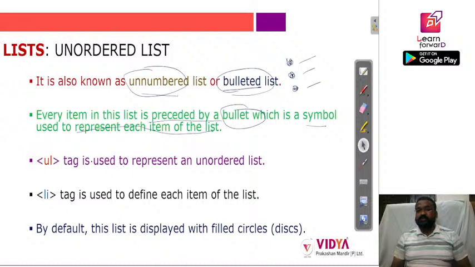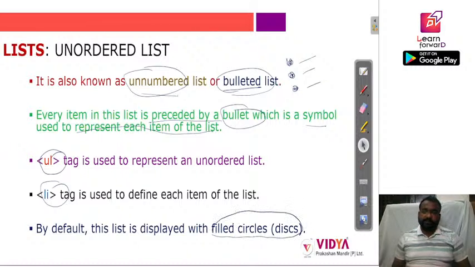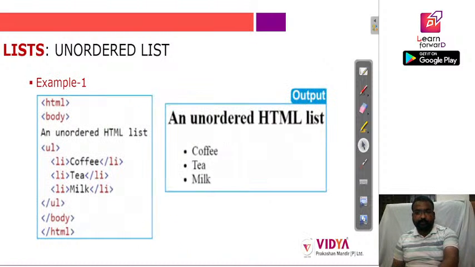To use this list, we will use the UL tag, which is the starting tag to start this particular list, and the same li tag will be used to represent the list item. By default, the list is displayed with filled circles, or we can say as this. So let's see an example for the same.